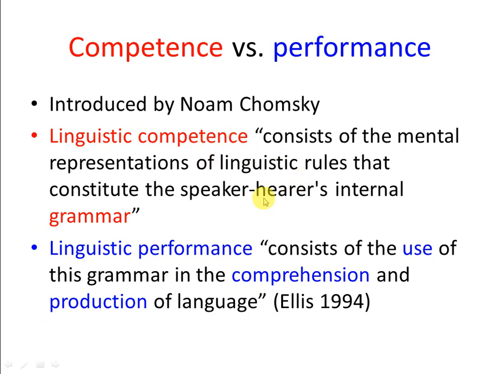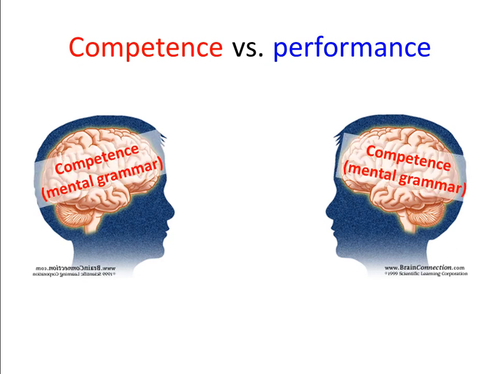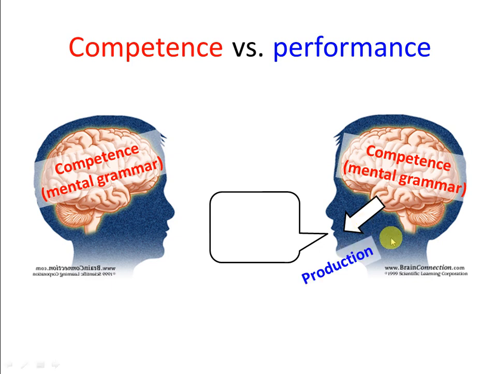So competence is a kind of internal grammar. So it is the grammar in us, internal to us. So when we say competence, we are talking about this mental grammar in our mind, in our brain. And when we speak, when we produce language, we use this grammar, and this production part, this is performance.